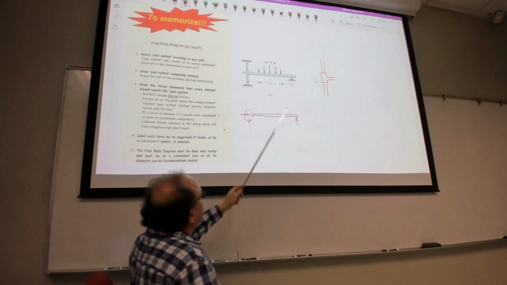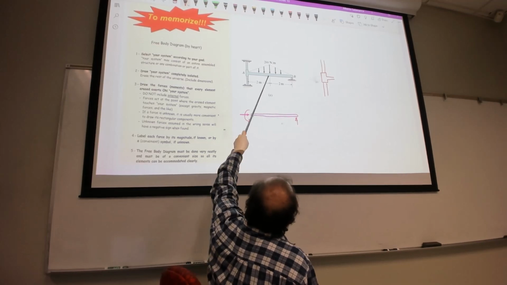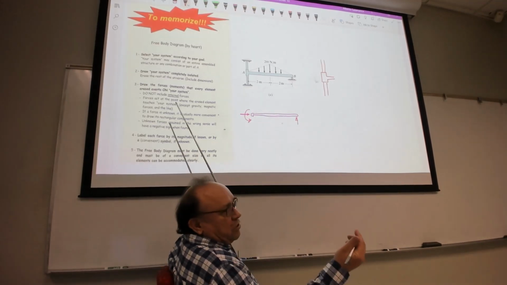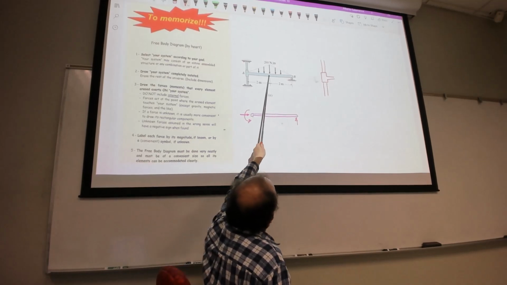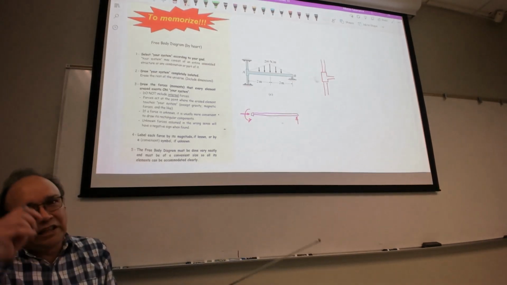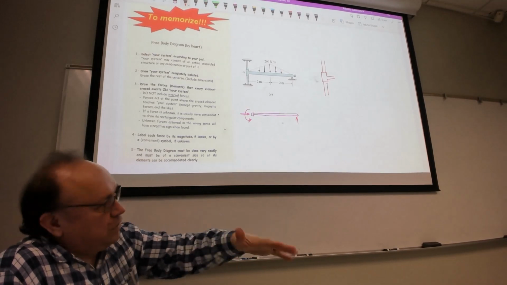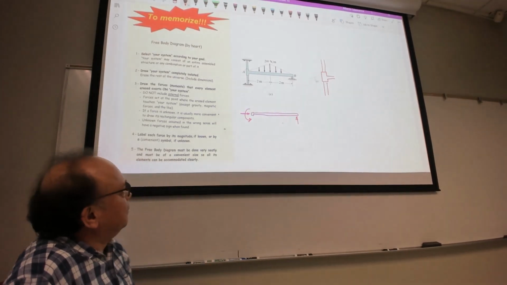But if you consider the weight of this beam, there will be a force here in the middle for the weight, right? And there is no contact. The earth is here, and the earth is not touching the beam right there. But that's where you put the weight, right? At the center of gravity, not necessarily at the point of contact of the earth, which is the one that is applying the gravity force on the element.